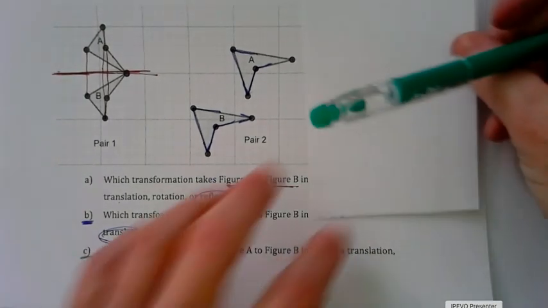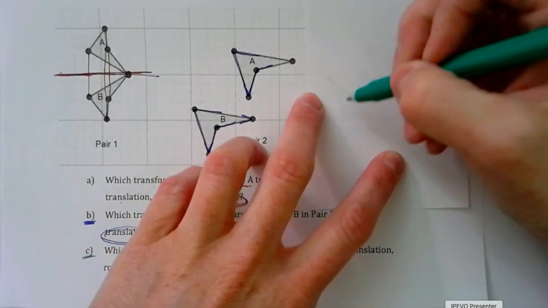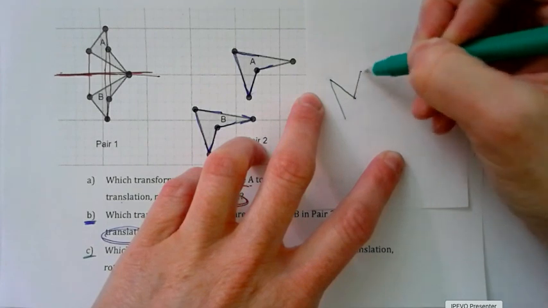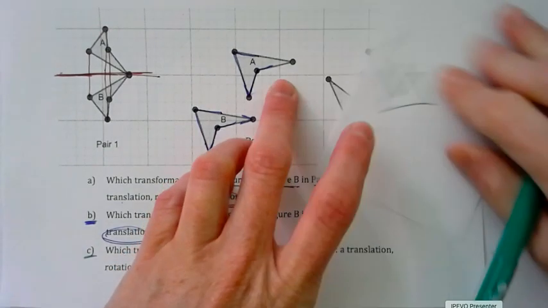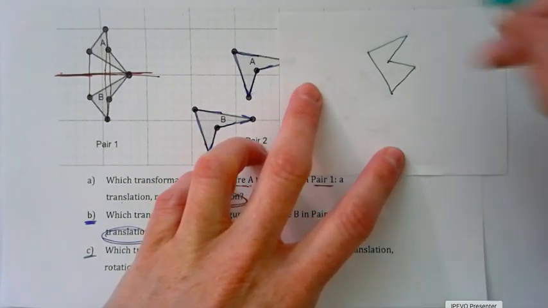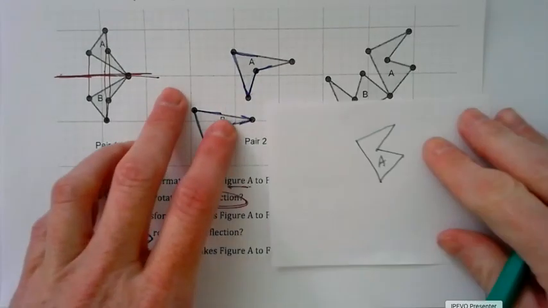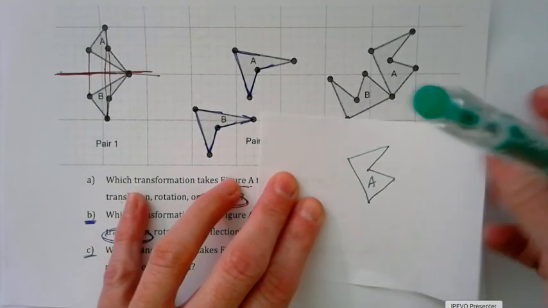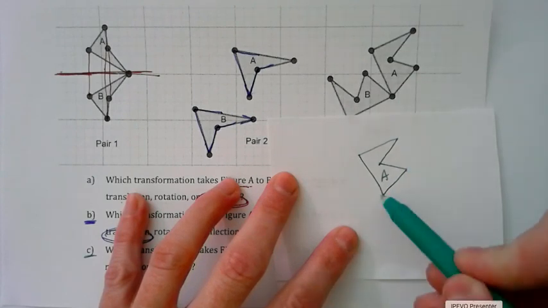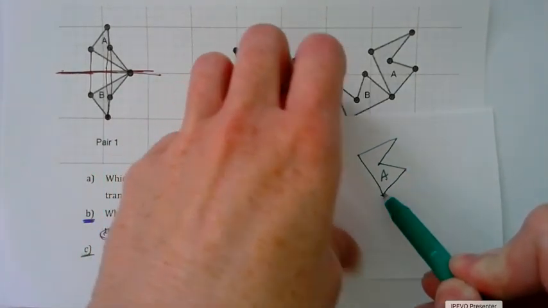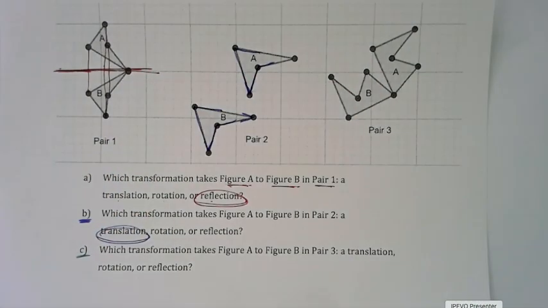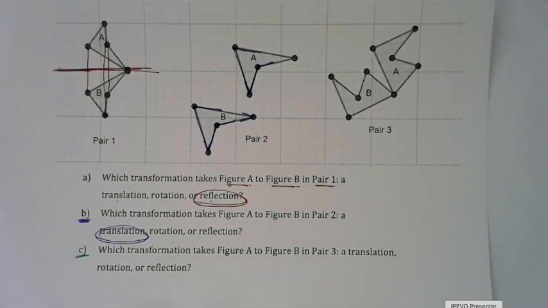Again, I don't have tracing paper, but if I were to trace this, so if I were to start here at A, I rotated, cut this out really quick so you could see.